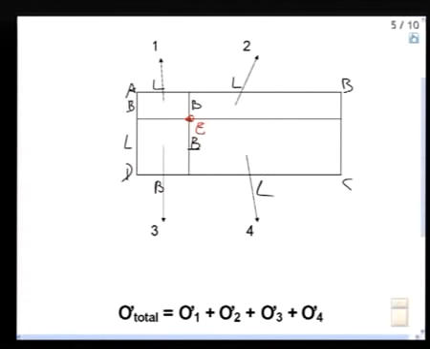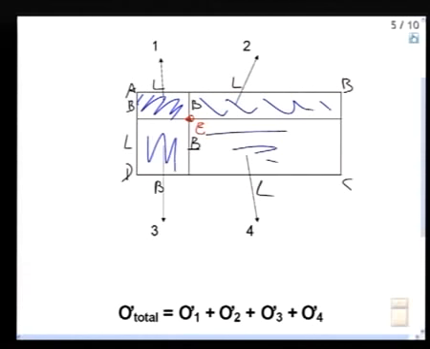We will have to take every rectangle alone. And for that rectangle, I just look at it only. The shorter distance is B, the longer distance is L. Now here, the stress at point E is the summation of the stress due to this rectangle, that rectangle, this rectangle, and that rectangle. 4 of them. So that's why sigma total equals sigma 1 plus 2 plus 3 plus 4. Now what did I do?